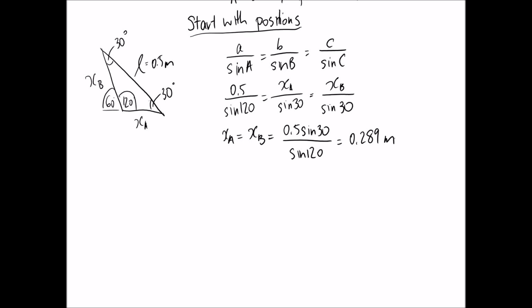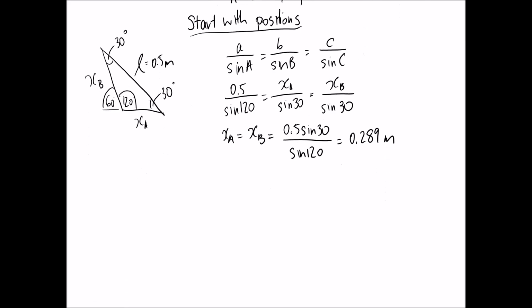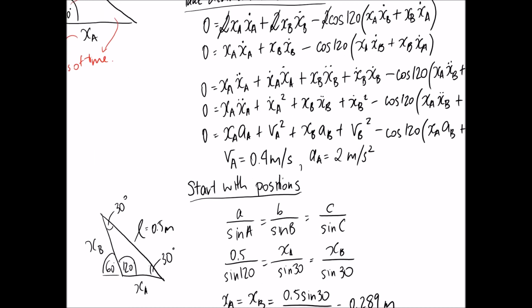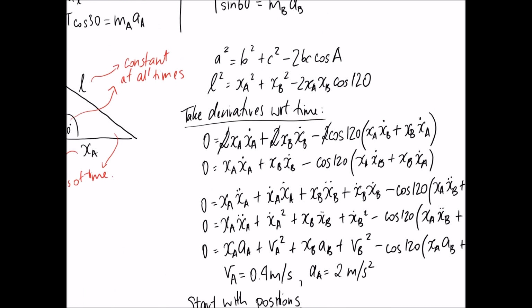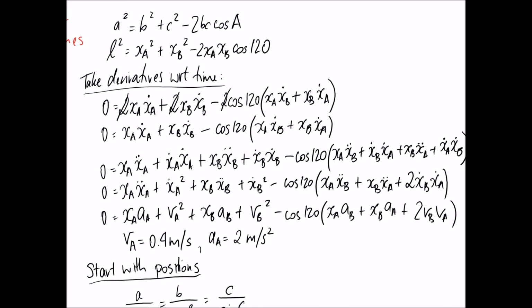Alright. So now what we can move on to is solving for the velocity. That was one of the other things we needed in here, the velocity VB. So if we scroll up to where we took all our derivatives, what we can do is utilize the first derivative equation that we had in here.